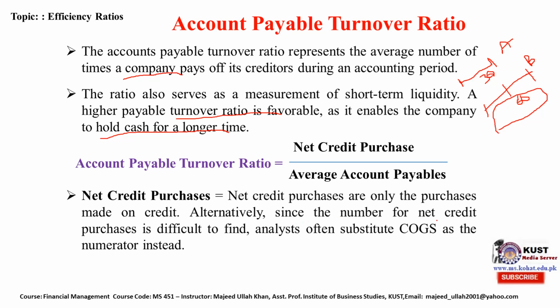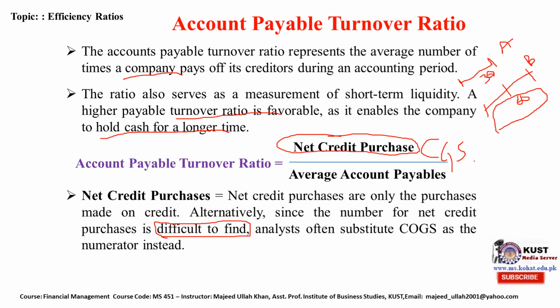Alternatively, since the number for net credit purchases is not difficult to find but involves calculation, analysts often substitute cost of goods sold as the numerator instead. It means if you don't have any information about net credit purchases, you use cost of goods sold, CGS, instead.